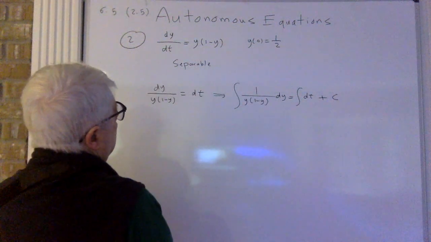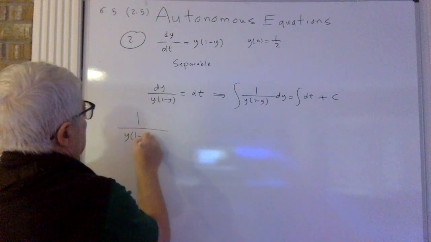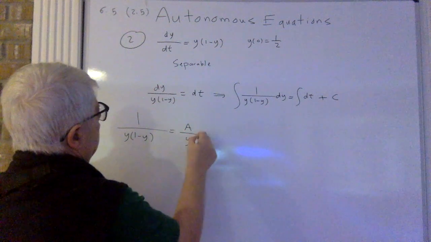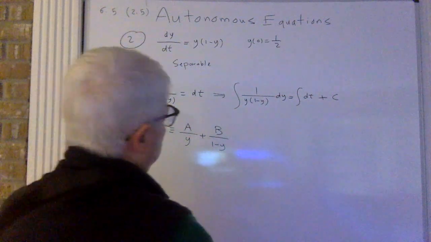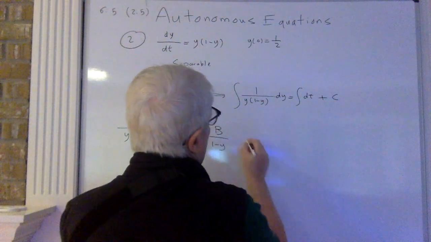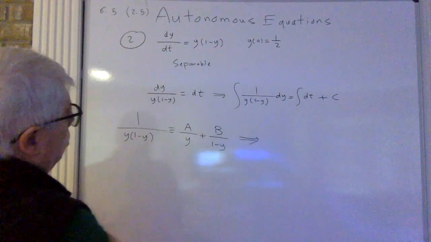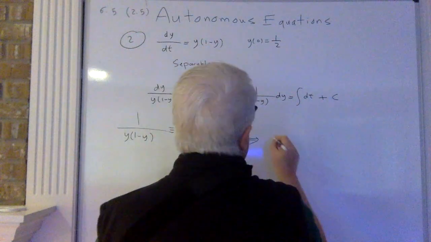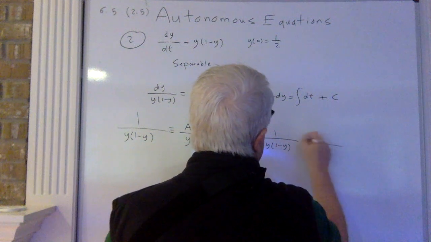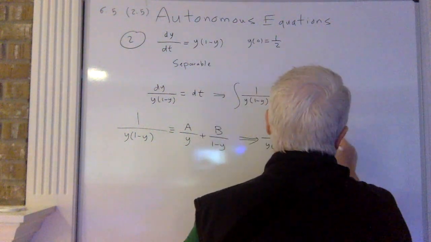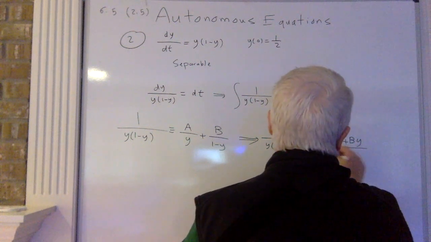This is integration. 1 over y times 1 minus y equals a over y plus b over 1 minus y. This is partial fractions. If I add these two, I will get 1 over y times 1 minus y is the same as a times 1 minus y plus b times y, over y times 1 minus y.